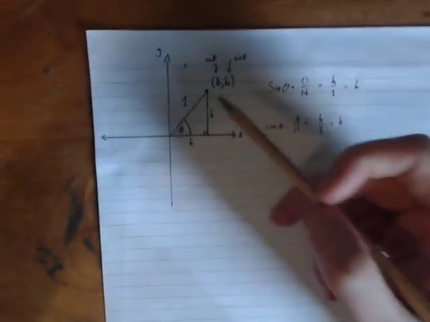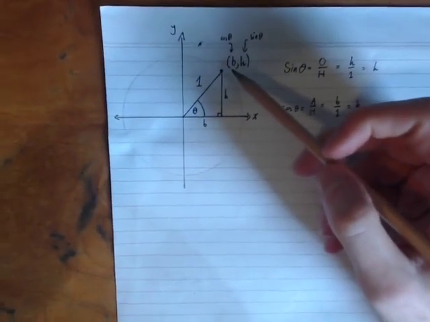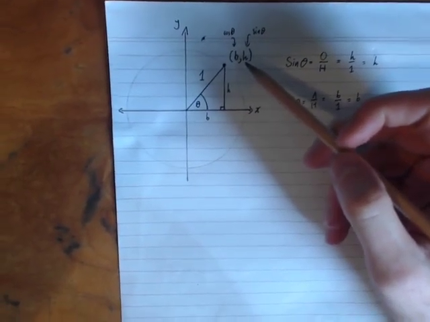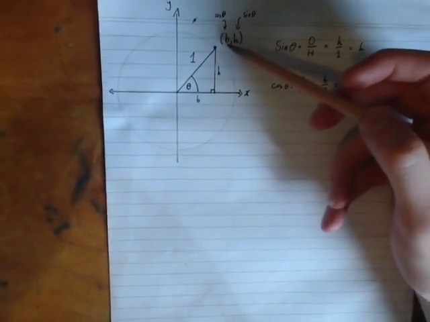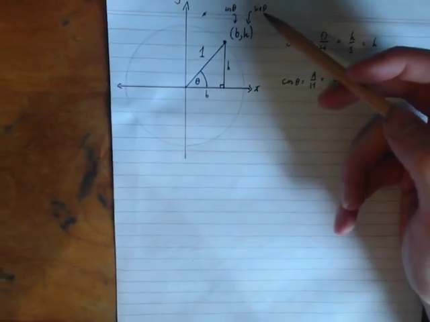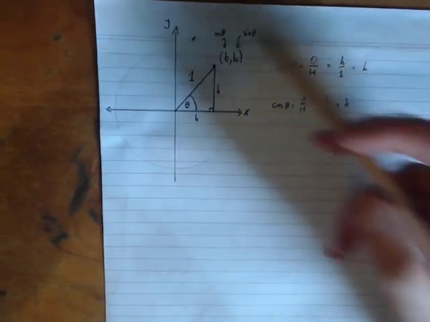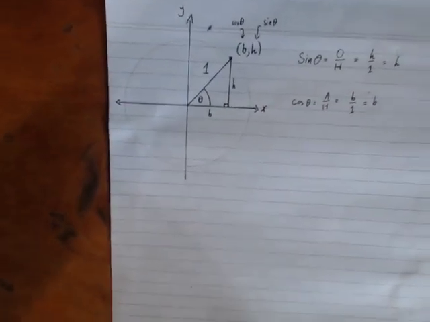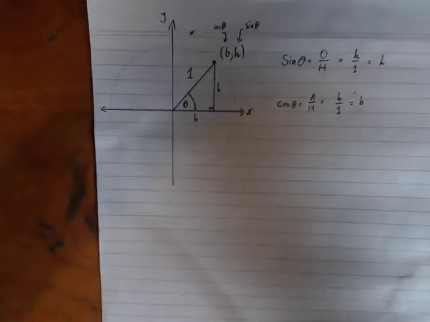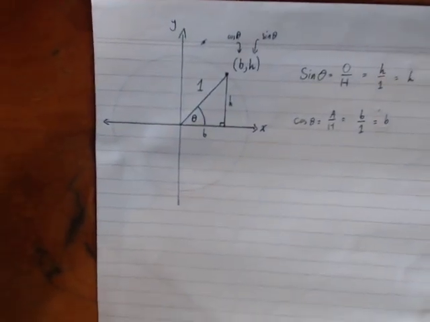So this coordinate, base and height, could just be represented with a single variable, namely theta. And we can get these two by taking cosine of theta and sine of theta equivalently. This is the concept behind the unit circle. I'm sure you should be well acquainted with this idea if you study mathematics.